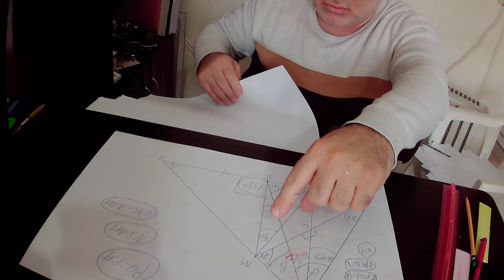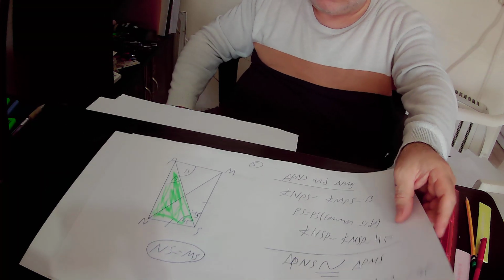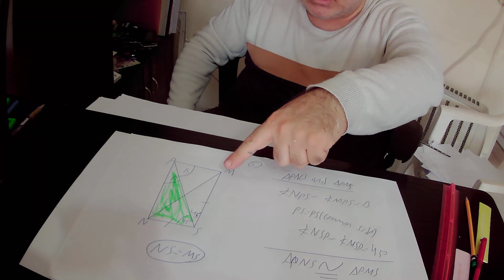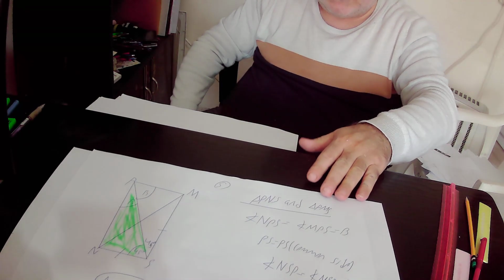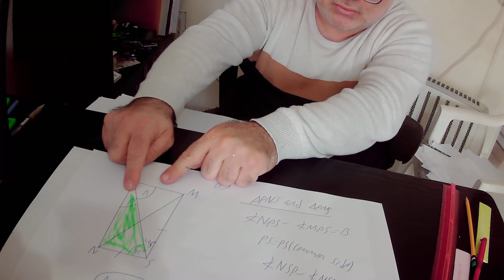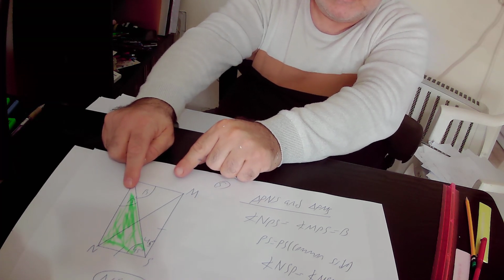I drew those two triangles in a new page, and we proved that the green triangle PNS is congruent to the white triangle PMS. Why are they congruent to each other? First of all, we have those two angles that are equal to each other, they are both equal to beta. So angle NPS equals angle MPS equals beta.